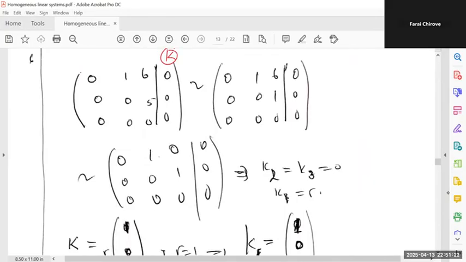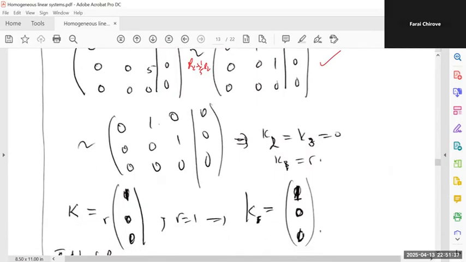And if you do your row operations, you will find that this one was just row 2 goes to 1 over 5 row 2. It was not necessary; you could just compute it directly.